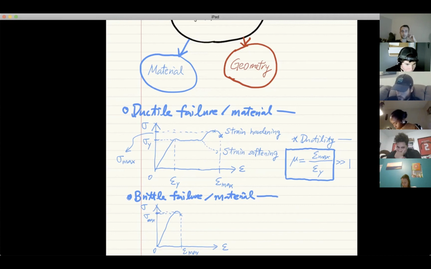And the yield stress, of course, they're still yielding. But after yielding, there's not much strain that this material can exhibit. Therefore, the yield strain is somewhere very close to here. There will still be yield strain, except it's very, very close to the maximum strain.